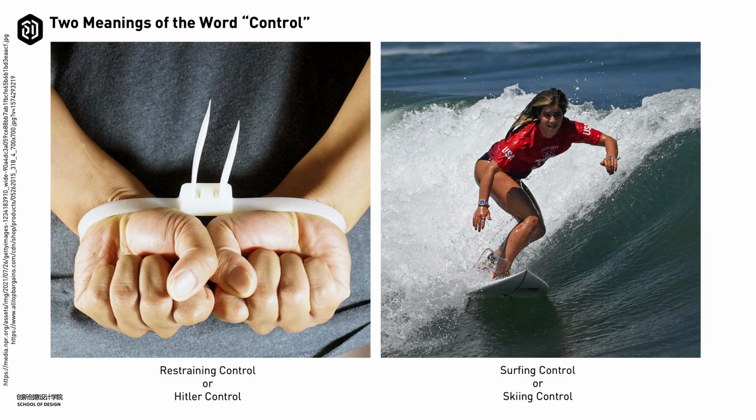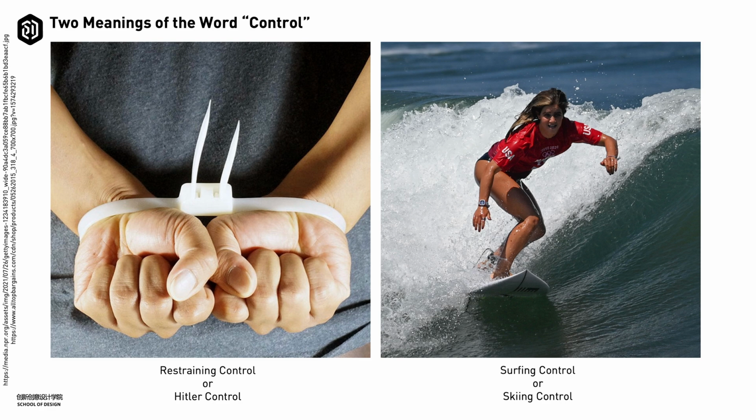Ranulph Glanville says we have to distinguish constraining control, he also called it Hitler control, from the kind of control that skiers or surfers apply when they surf. Constraining control basically means making the other comply to our will, restraining, taking away ranges of movement, articulation.